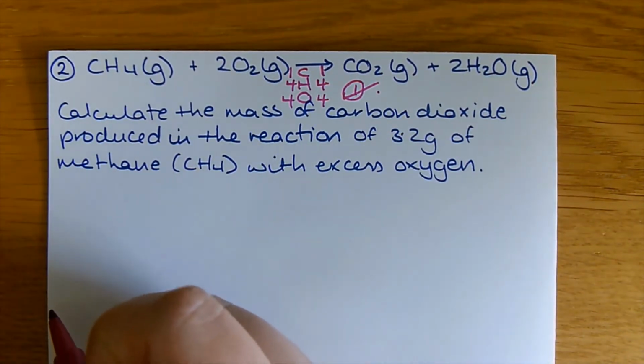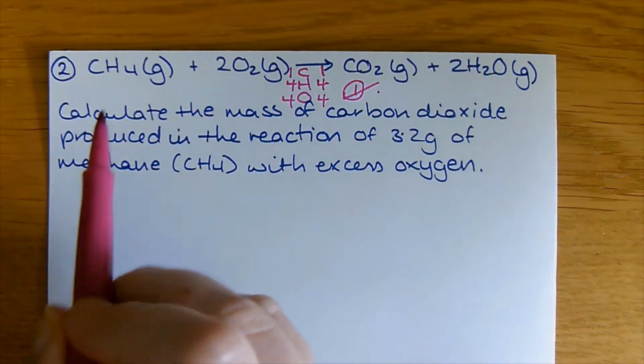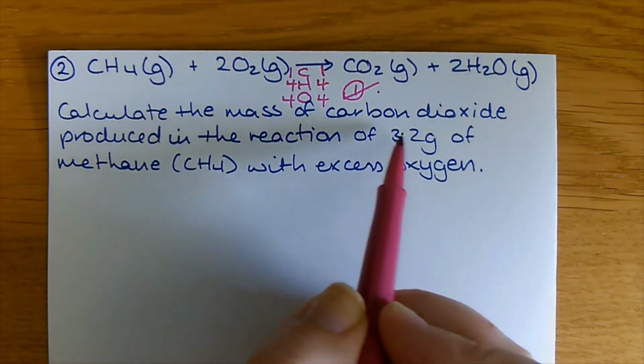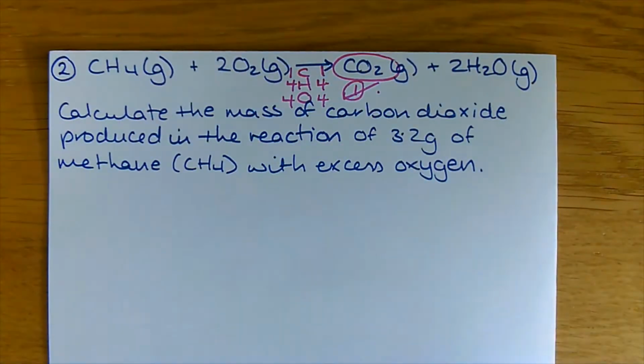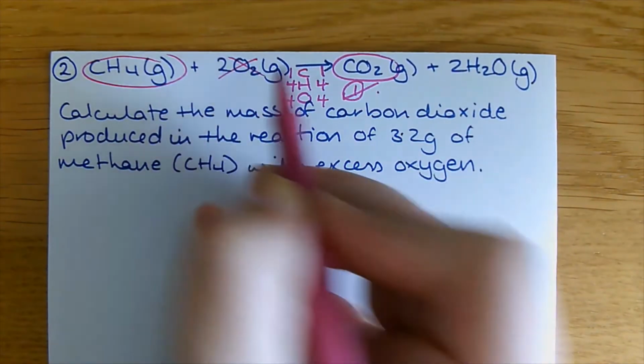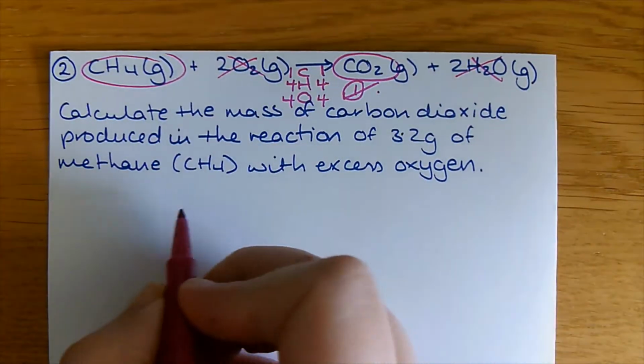Next thing to do is write down which of these compounds you're actually interested in. So calculate the mass of carbon dioxide produced in the reaction of 3.2 grams of methane. So you can cross these two out, we're not interested in those, and rewrite.